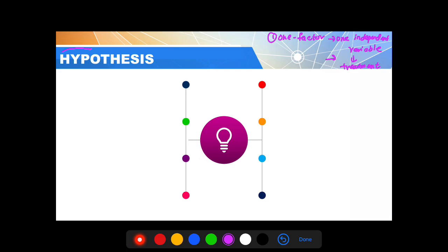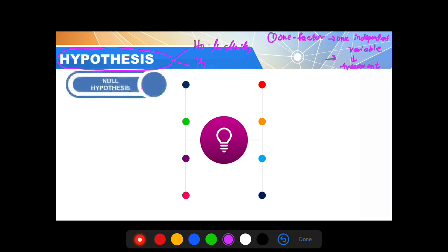So step number 1 in ANOVA is the hypothesis. As we know, we must have H null and H1. What we want to test is the similarity between more than 2 population means. So the null hypothesis, H null, is mu1 equals mu2 equals dot dot dot equals mu k.